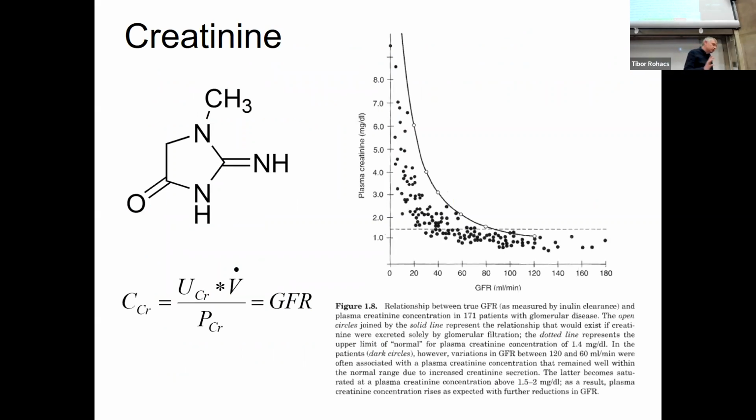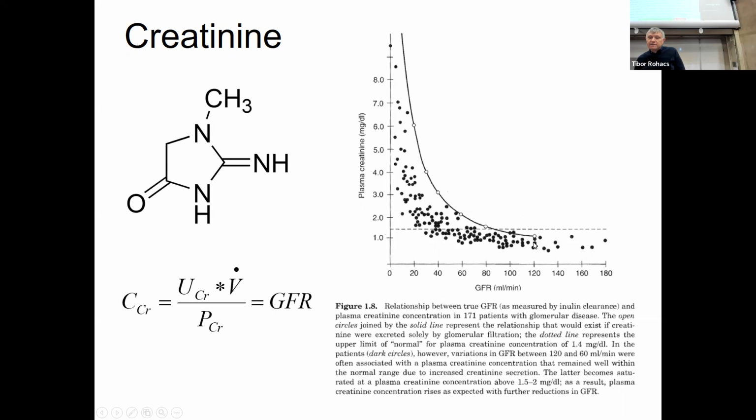This slide just shows that the relationship between plasma creatinine and GFR is not as perfect as it would be if creatinine wasn't secreted. The straight line is the calculated values, how it would look if it wasn't secreted, but it's secreted a little bit, so it deviates. The take-home message is that creatinine in the normal GFR range is not a super sensitive measure for GFR.